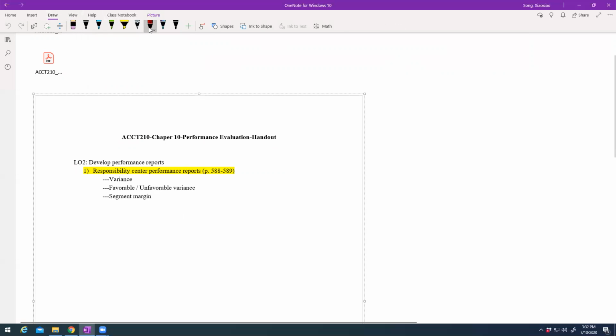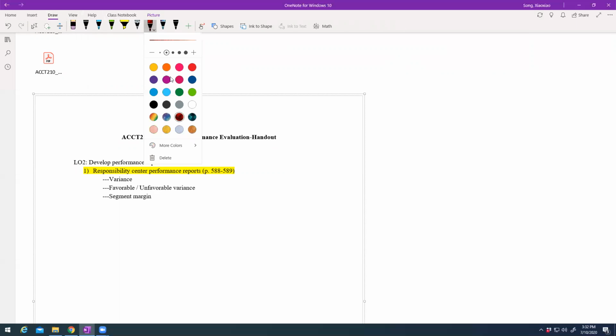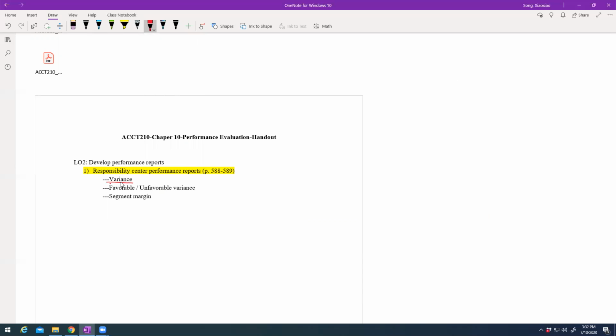So what's the meaning of variance? The general idea is you compare the performance with your budget. What's the meaning of variance in an English dictionary? I think it's kind of like differences, but we give it a fancy name. We call it a variance. So it is the difference between your actual and your budget.